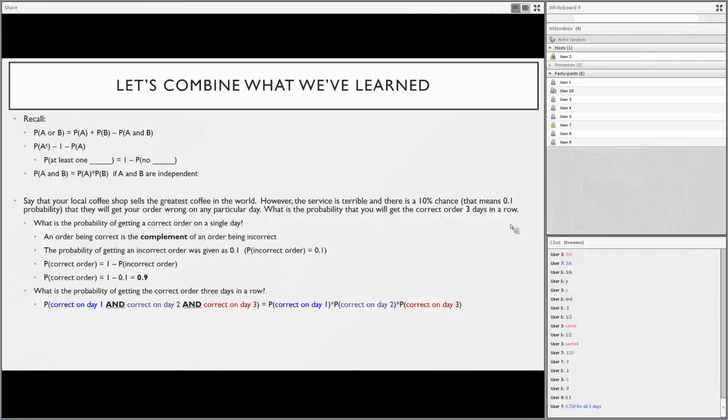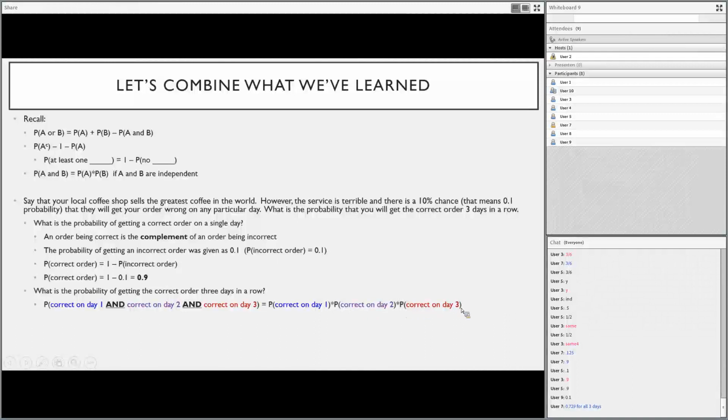I don't want it some days and not others. Getting it correct 3 days in a row means first day it's correct, and second day it's correct, and third day it's correct. So we would have to use this and formula right here, which is where we were multiplying the individual probabilities. Okay, so I have these 3 events, and I'm just going to multiply them.